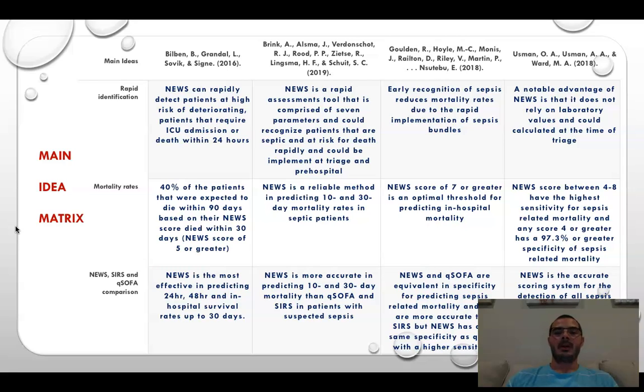The good thing about the early warning score, for ED nurses in particular, is that it only uses the vital signs that you would get in any triage.